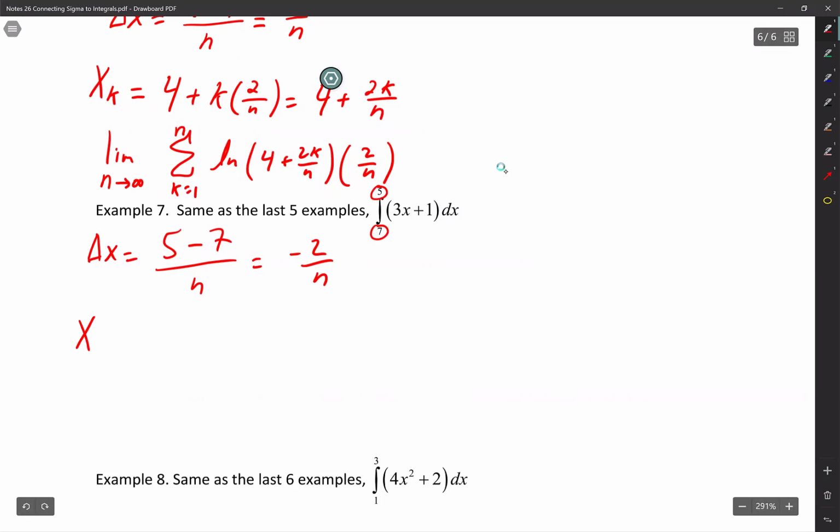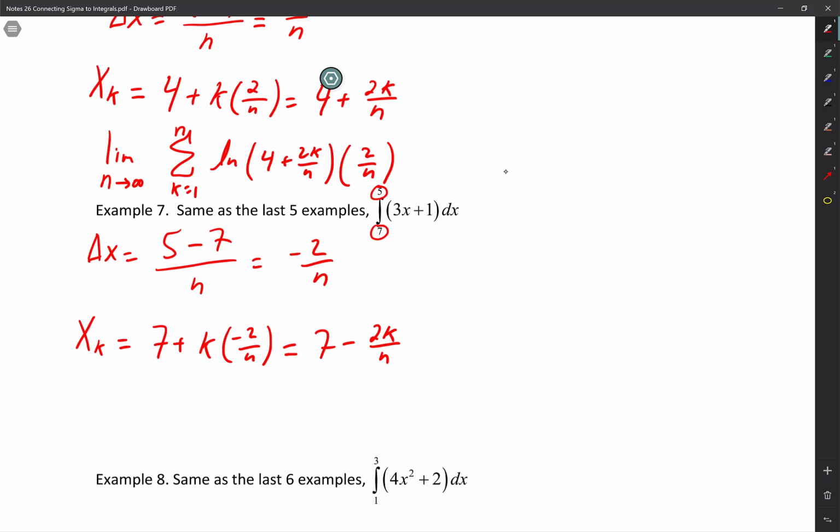Your k rectangle, if you want to keep it as your quote-unquote formula, is 7 plus k times the delta x. And notice that's where it'll force it to be negative anyways, 2 over n. So 7 minus 2k over n. The k is just the number of rectangles, the rectangle that you're in.